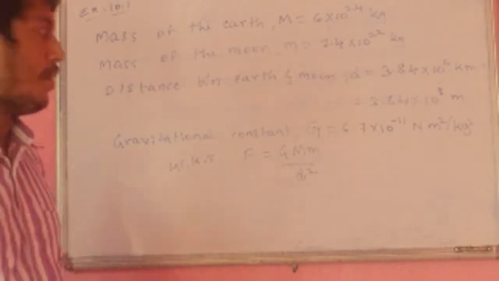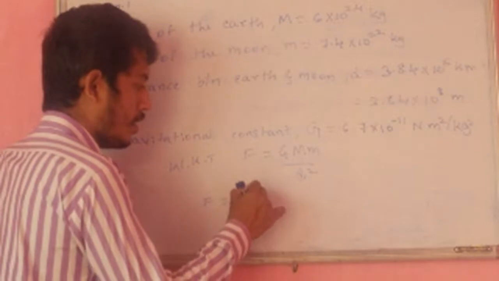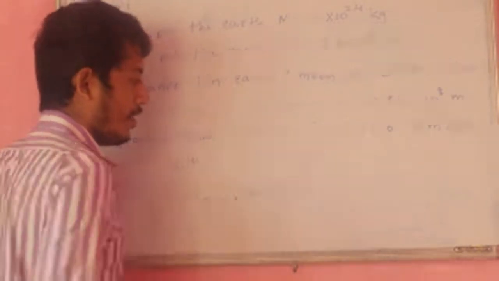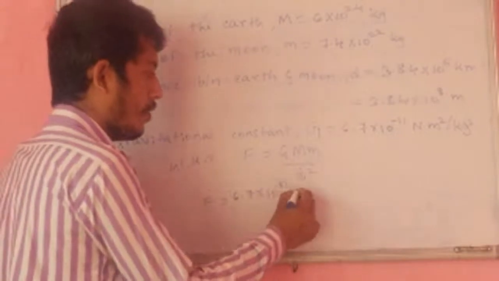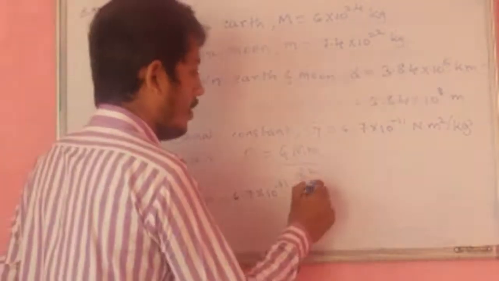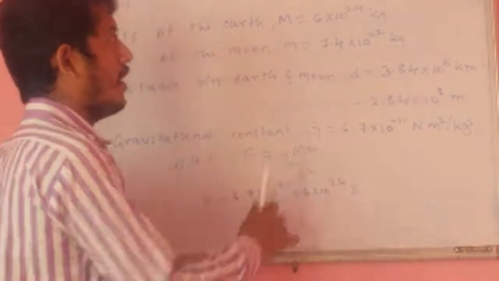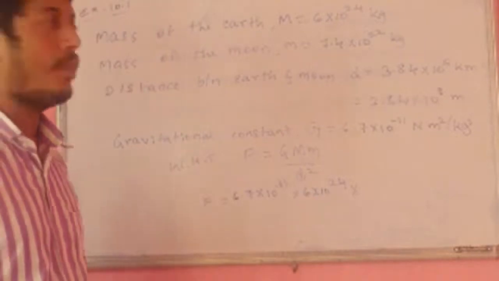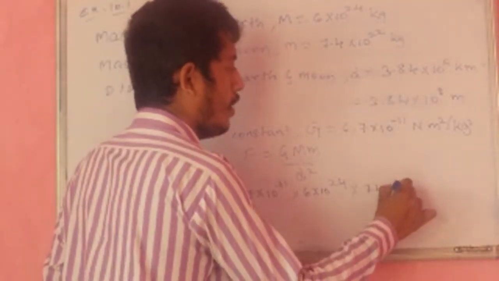Just I will substitute the values here. F equals G value is 6.7 into 10 raised to minus 11. Then the value of capital M, mass of the earth, that is 6 into 10 raised to 24. Then small m means mass of the moon, that is 7.4 into 10 raised to 22.